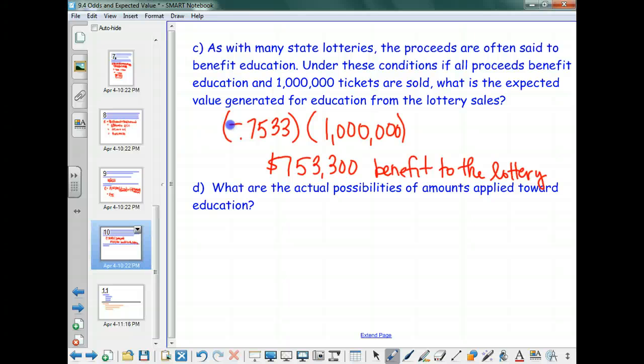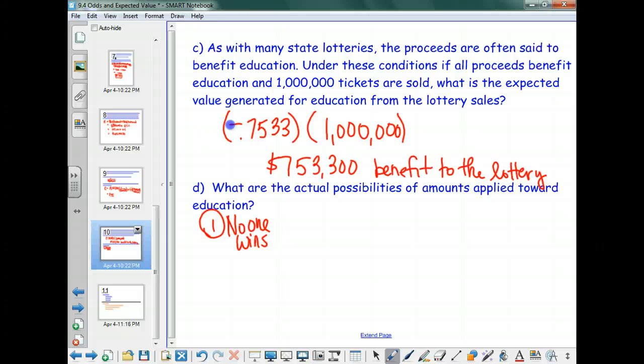Well, one possibility is that no one wins. Agreed? There's no winner. And if there is no winner, then we sold 1 million tickets for how much? $1 a piece. So how much money was really raised? $1 million, right?